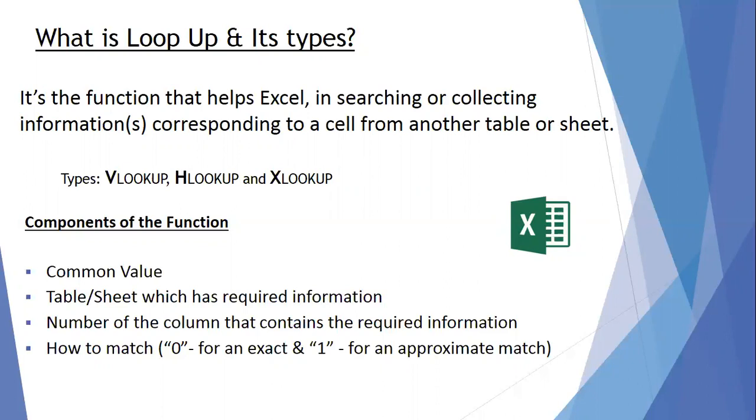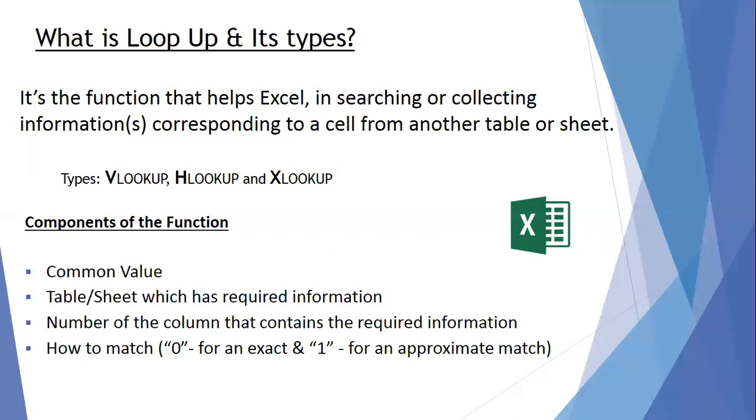Irrespective of the type, the lookup function works on four components. One, the common value. The common value is that value which has to be present in both the tables in order to fetch the information. We should have the knowledge of the table or sheet which contains the information that we require.